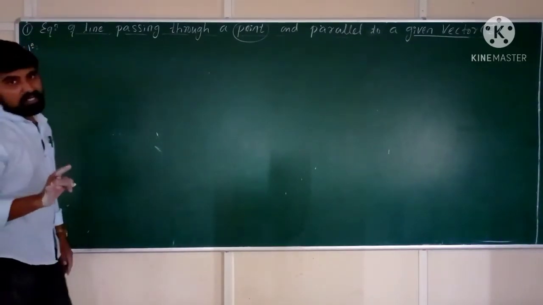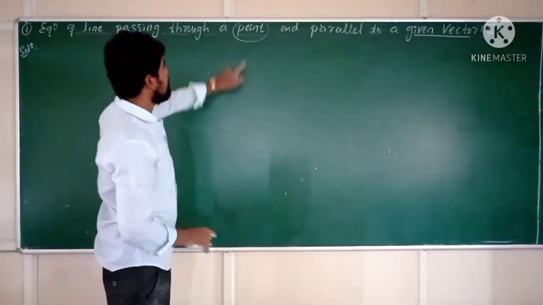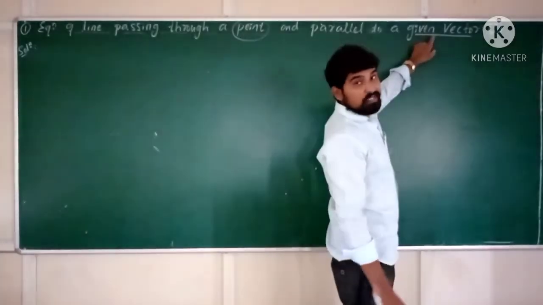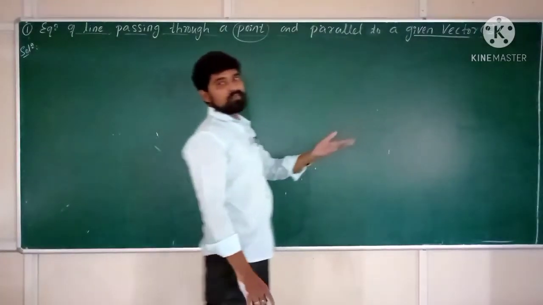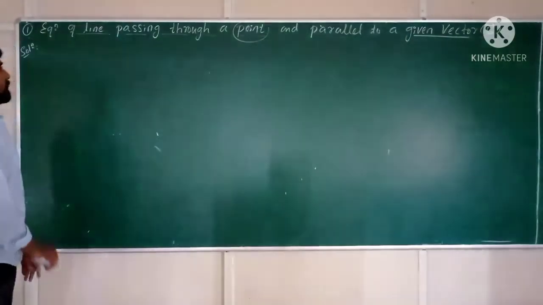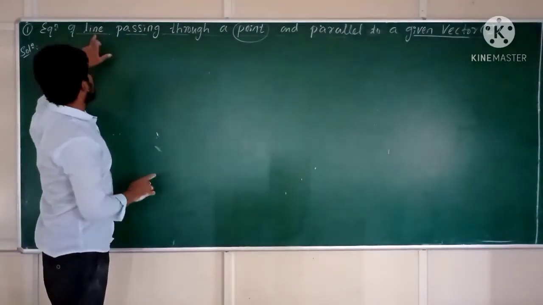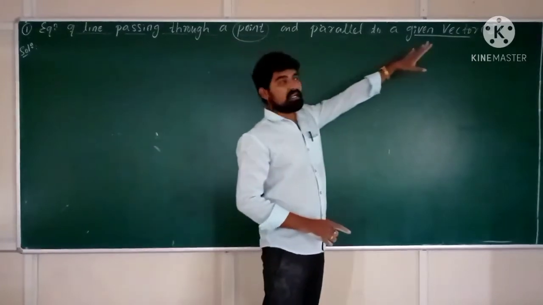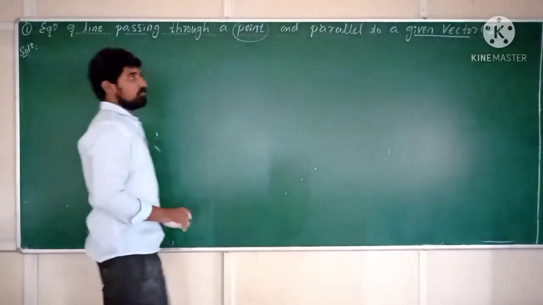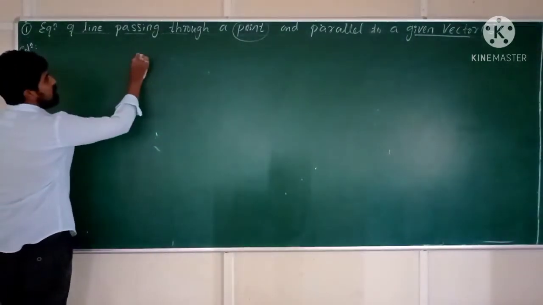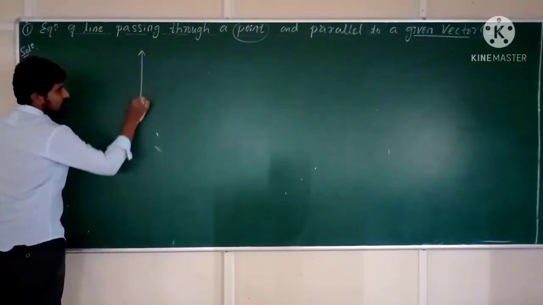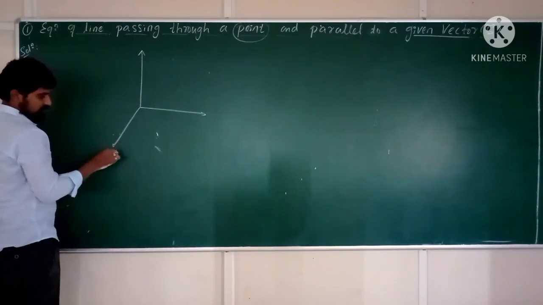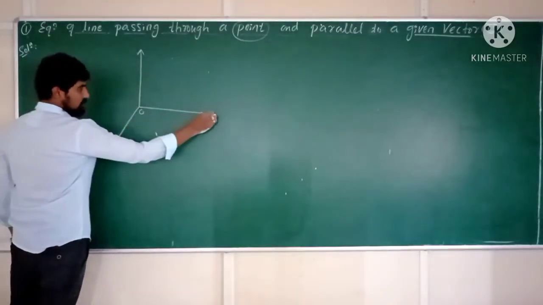Here we are finding the equation of line passing through a point and parallel to a given vector, both in vector and Cartesian form. So for that, let us consider a line passing through the point A and parallel to the given vector, vector B. So let this be the z-axis, y-axis and x-axis, origin.